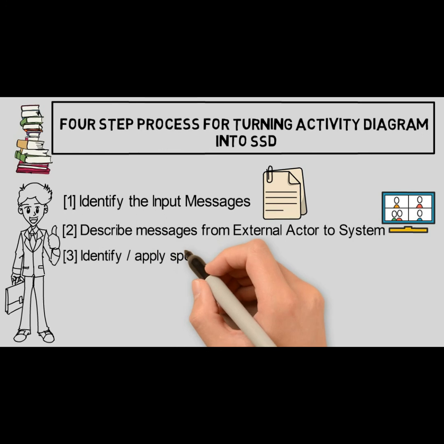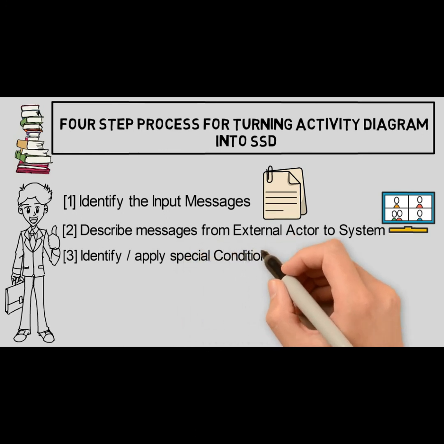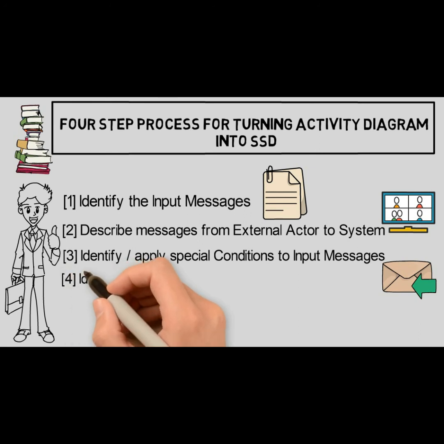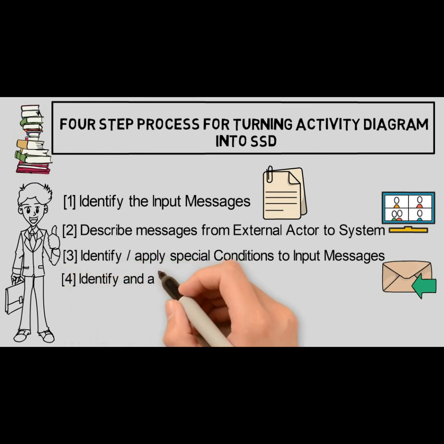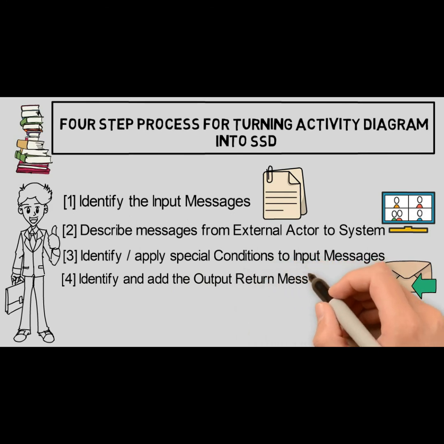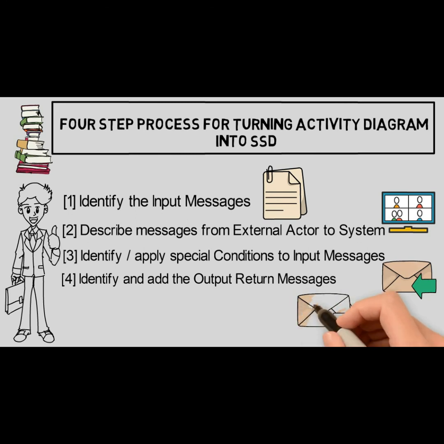Third, identify and apply a special condition to input messages, such as an iteration or loop frame or alt frame. Fourth, identify and add the output return messages, as explicit returns on a separate dashed line.